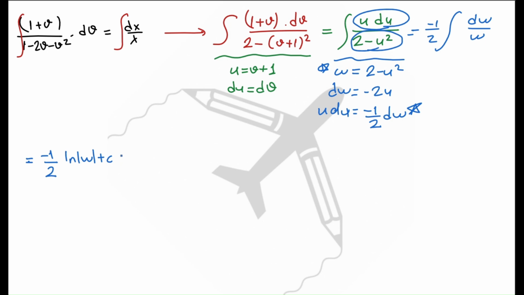And we know that omega is equal to 2 minus u squared, so let's write it: minus 1 over 2 ln of 2 minus u squared plus c. And we know that u is equal to v plus 1. Let's write it: minus 1 over 2 ln of 2 minus (v plus 1) squared plus c.